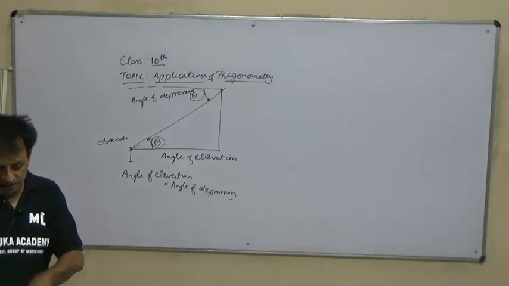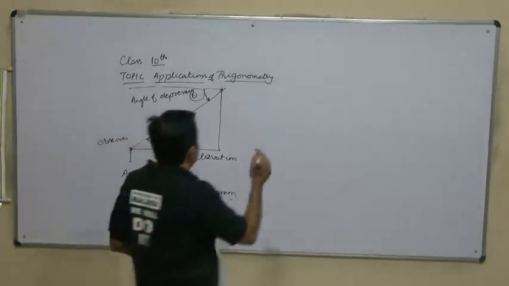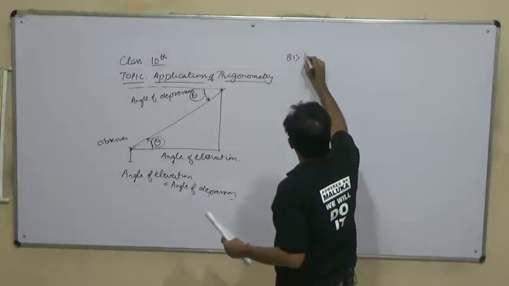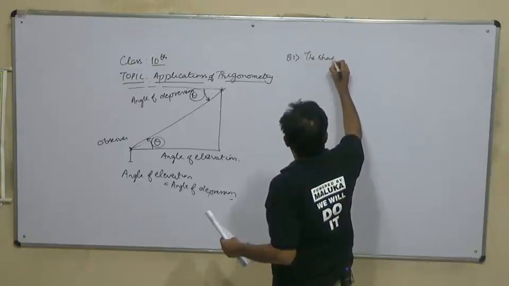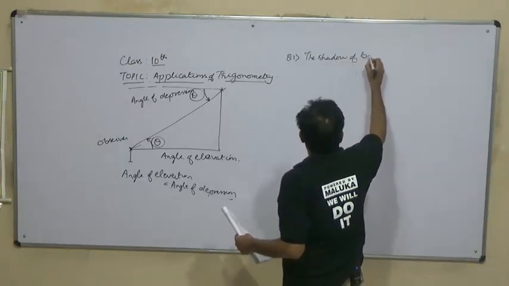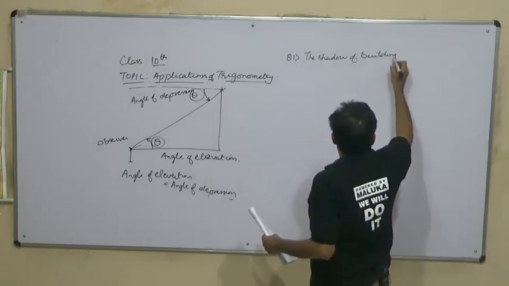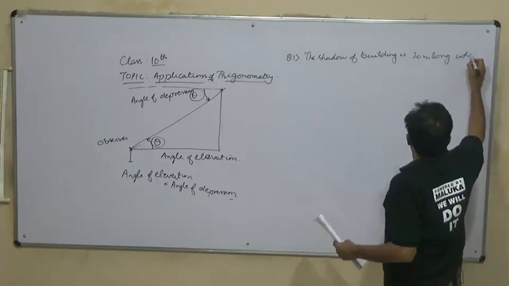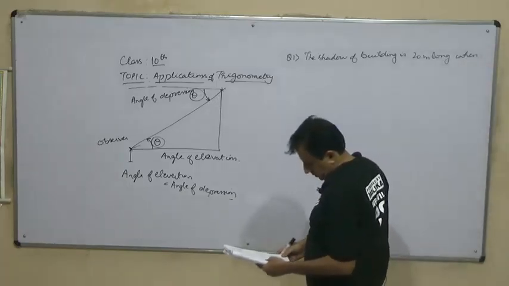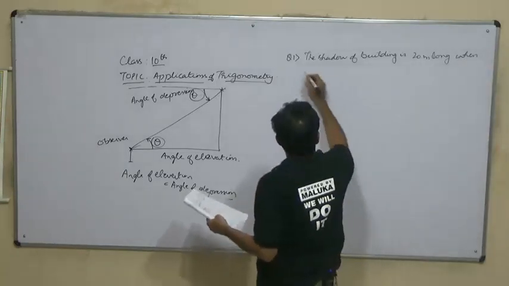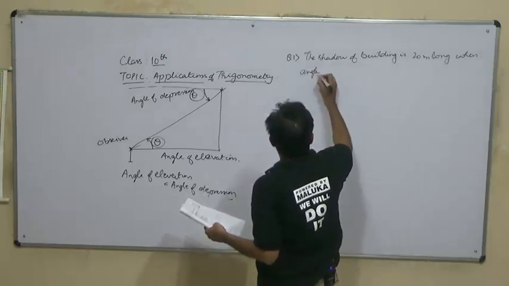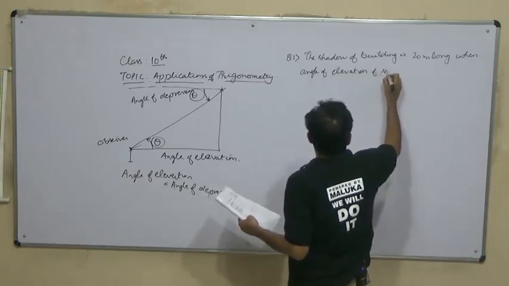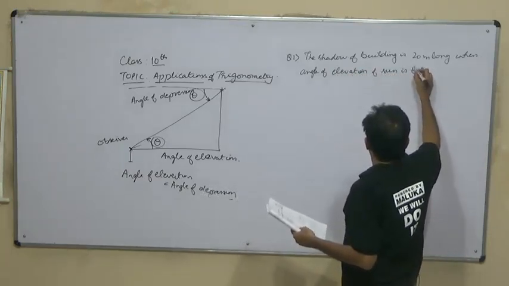So question first is, the shadow of a building is 20 meter long when the angle of elevation of sun is 60 degree.